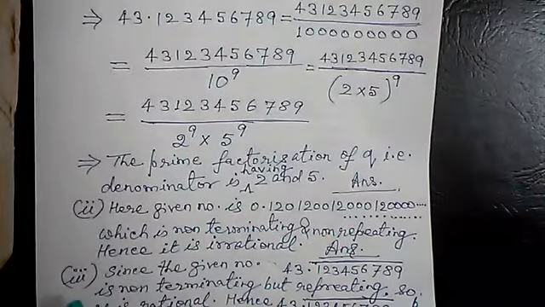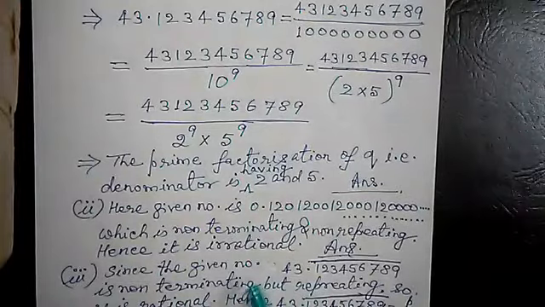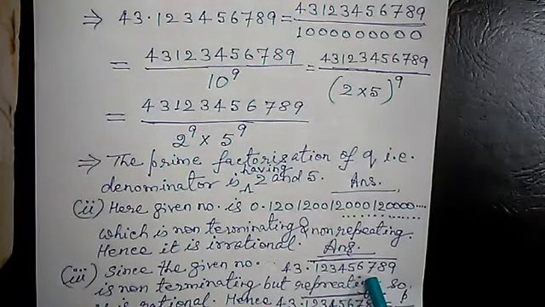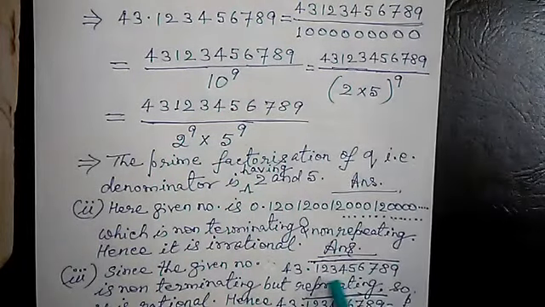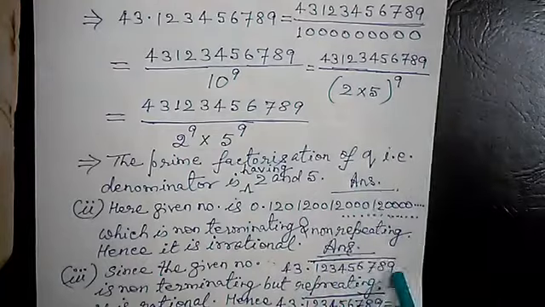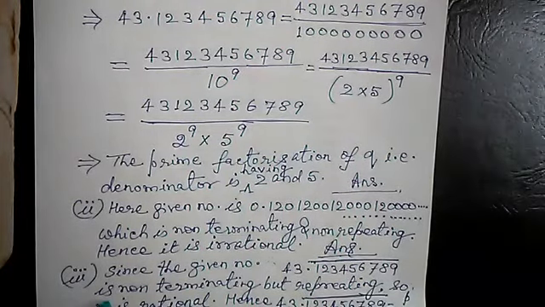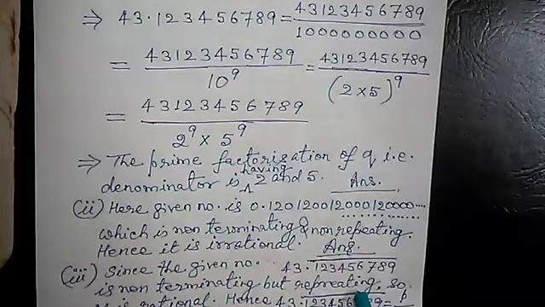And in the third, the given number is 43.123456789 with the digits 1 to 9 recurring, repeating. See the question in your book. So this given number is non-terminating but repeating.